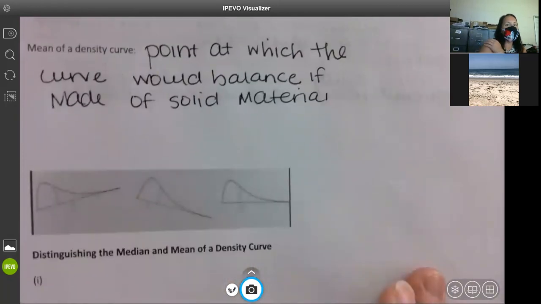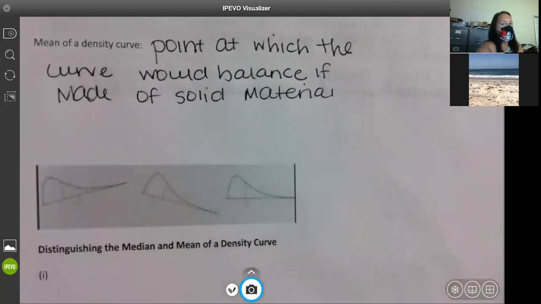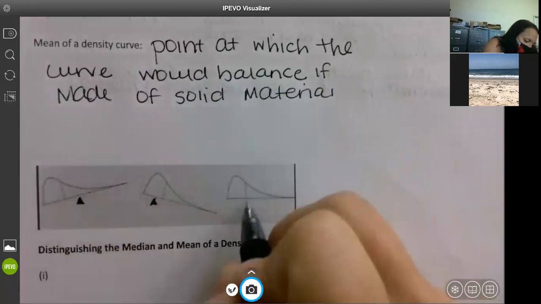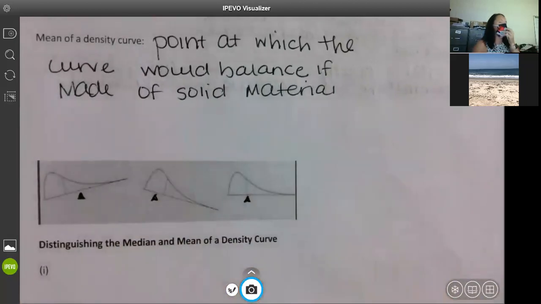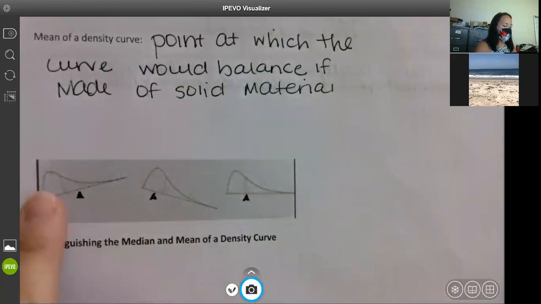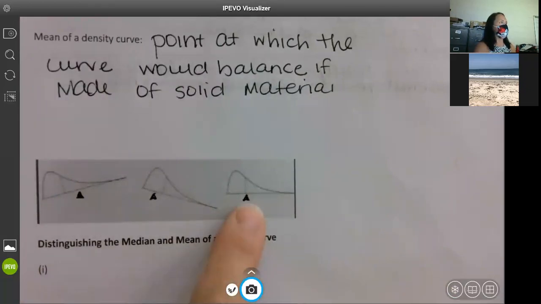So again, it just shows you some figures where the mean would be if it needed to balance out. And what you can barely see is they have these little triangles where it shows that balance point underneath those lines. So what this is saying is if we tried to put it in the middle, this end would be too heavy. If we put it too far over, this end would be too heavy. So you need to find where it actually balances out. That's all those pictures are showing you, okay?